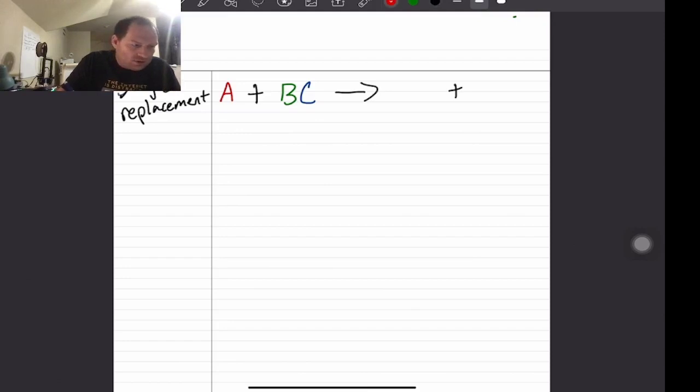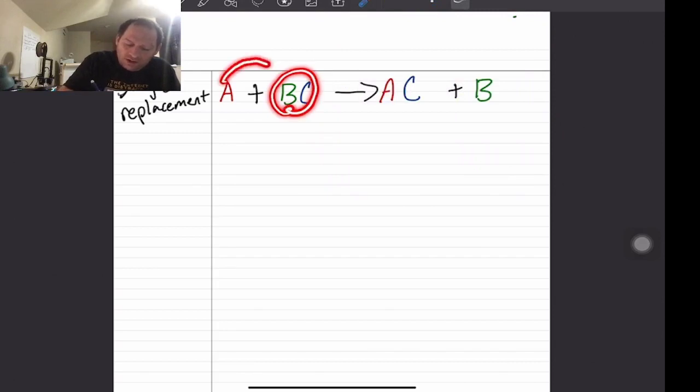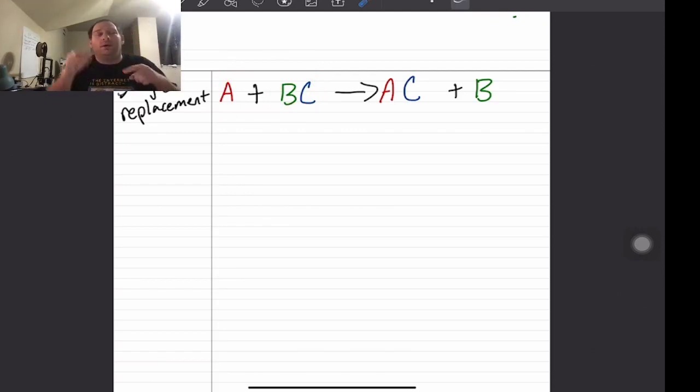And this is where it's going to get weird. A and C are now together, and B's by itself. So these two are together, and this one's going to come in and take one of their spots. Basically, the one switch swapped.